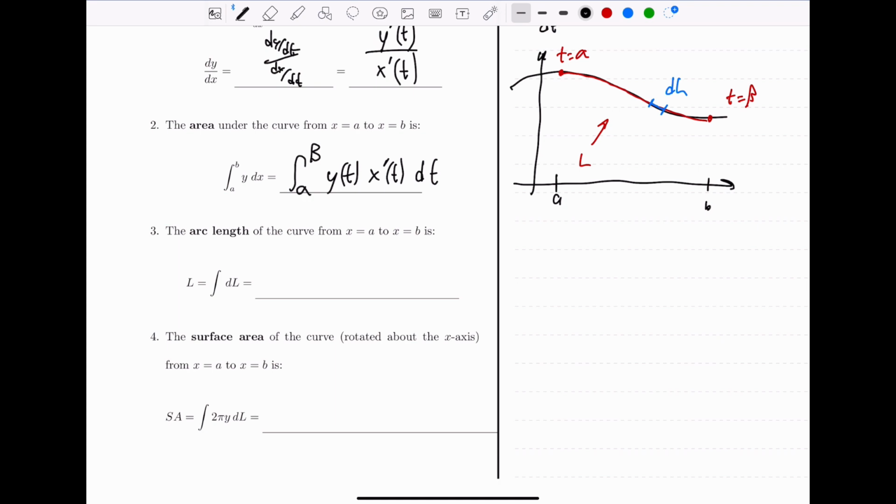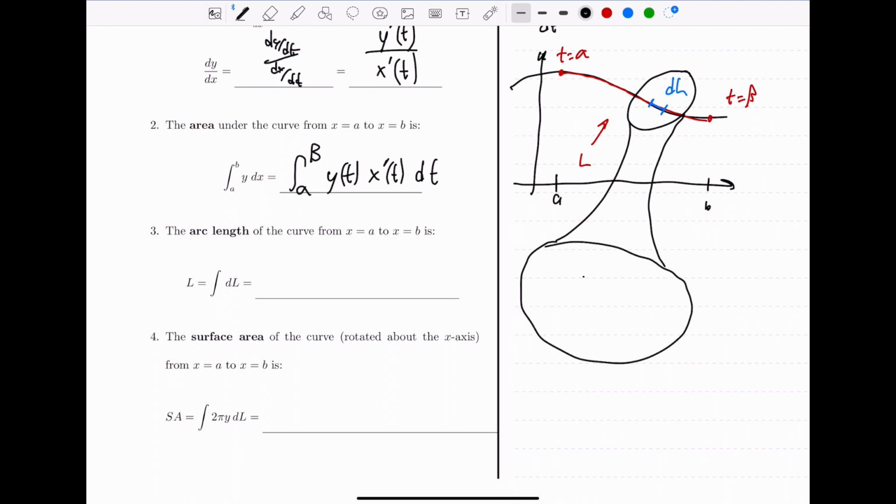So just like we did before, we want to zoom in here and explore what's happening for this small portion of the curve. So we have our curve, which is essentially a straight line because we're taking such a small slice. And we're finding the length along the curve, which we're calling dl.